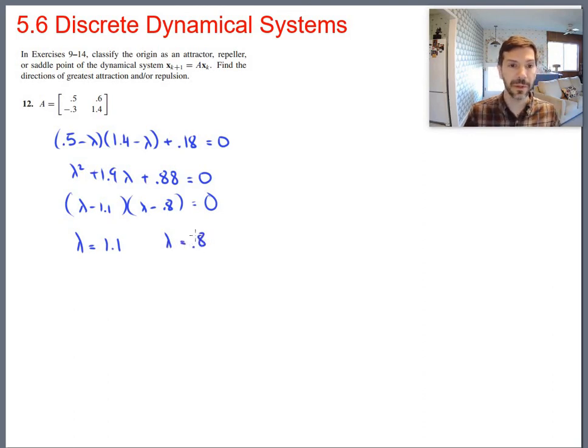0.8. And by the way, we already know the origin is not an attractor or a repeller. That's a saddle point, because one of the eigenvalues is bigger than 1, the other one is smaller than 1. And if that's all they'd asked in this problem, we'd be done. However, we also need the direction of greatest attraction or repulsion.